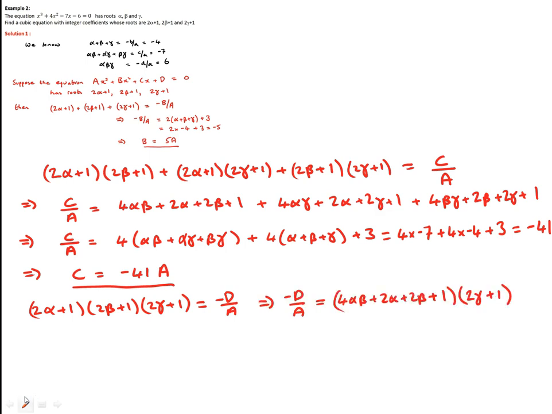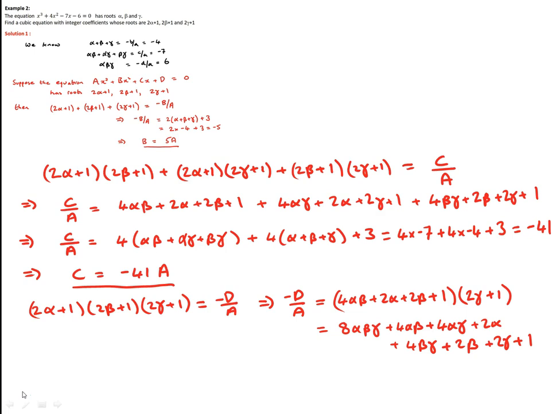So minus d upon a is (4 alpha beta plus 2 alpha plus 2 beta plus 1) times (2 gamma plus 1), which multiplies out to give me 8 alpha beta gamma plus 4 alpha beta plus 4 alpha gamma plus 2 alpha plus 4 beta gamma plus 2 beta plus 2 gamma plus 1.